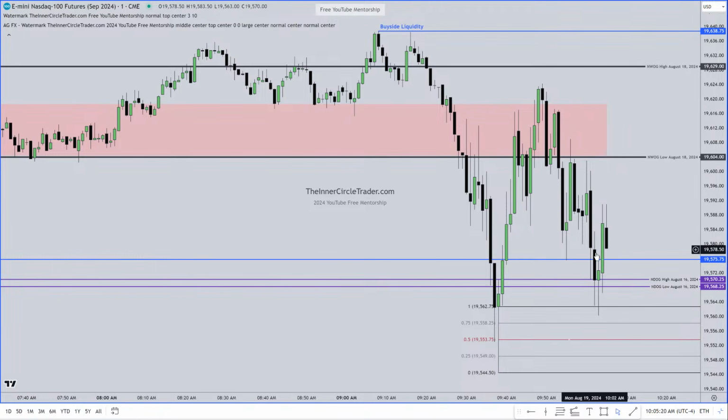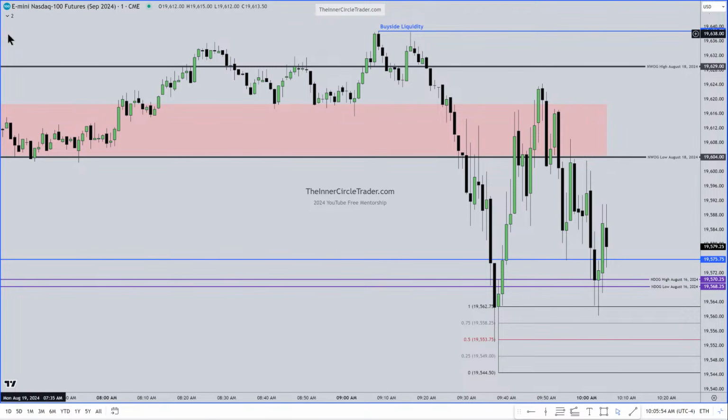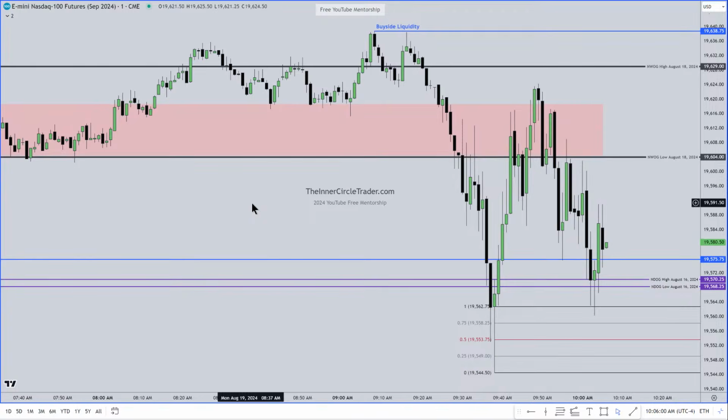Note that volume imbalance right there. See where the bodies are closed at?